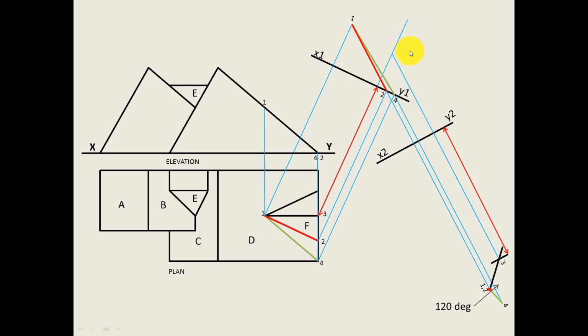Now we do, so that's point 3, and in plan we project up point 3 into our elevation, and if we can remember from earlier, the heights in our auxiliary elevation are the same as the heights in our regular elevation. So therefore we're going to get the height of our point 3 here and mark it into our elevation.